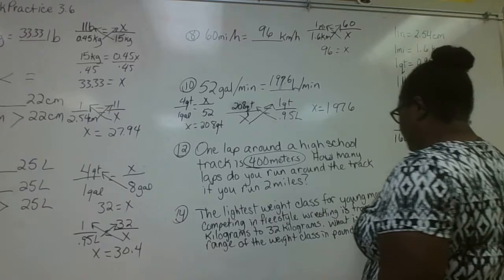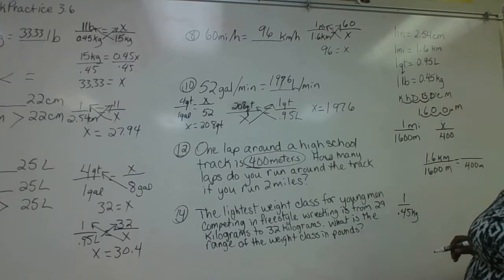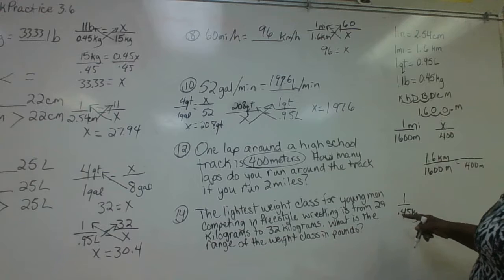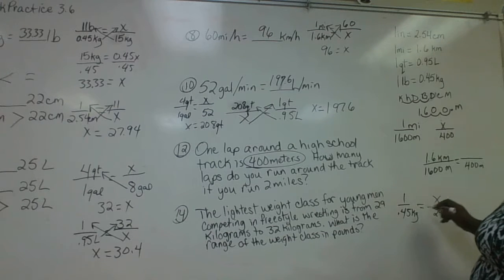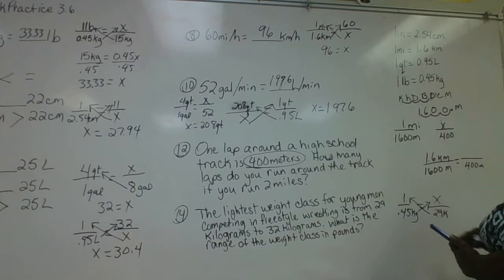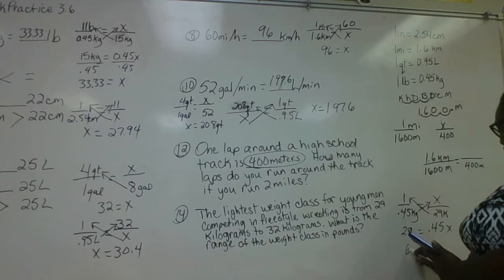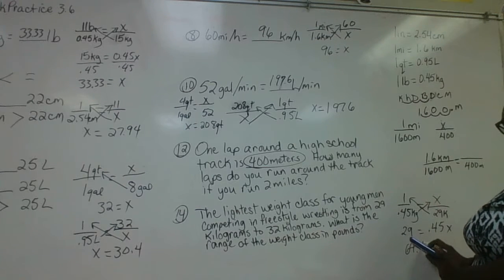So if you have from 29 to 32, and we have 29 kilograms here, and we want to convert to pounds here, we would cross multiply. So 29 is equal to 0.45x. So we take the 29 and divide it by 0.45, and we discover that that is 64.44.